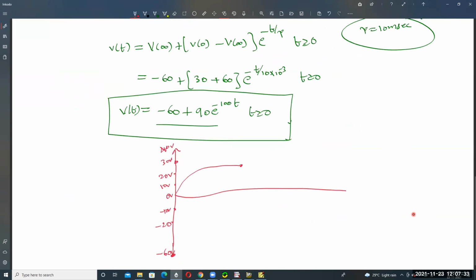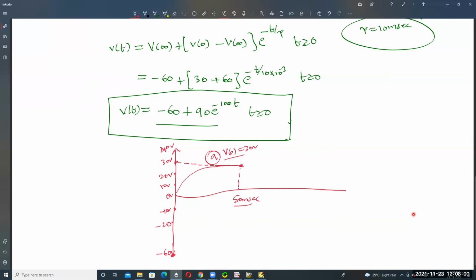This is the voltage across the capacitor, 30 volts, and then the switch goes to position B, and the initial condition across the capacitor, V of 0, is 30 volts.